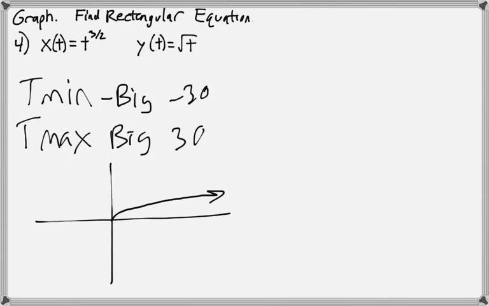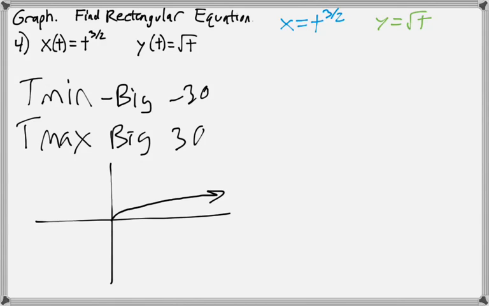Okay, so to put it into rectangular form, I have my x is equal to t to the 3 over 2, and I have my y is equal to square root of t.